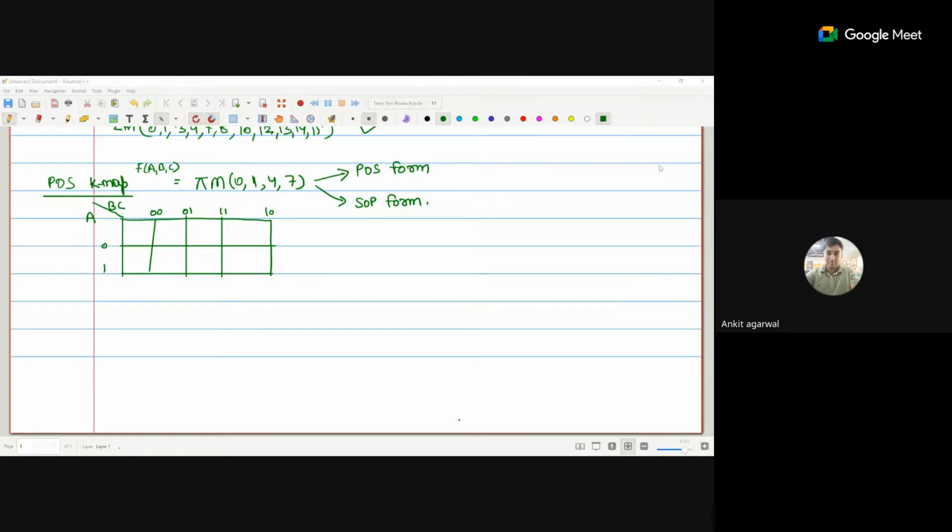So for POS term defined for the logic 0, one way is that we can put 0, 1, 3, 2, 4, 5, 7.